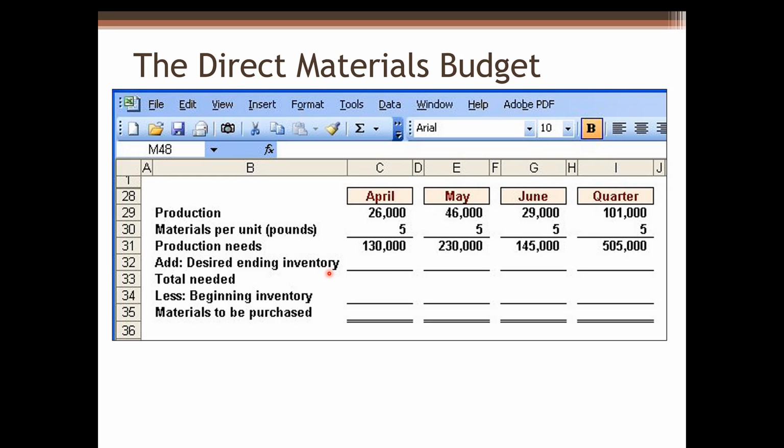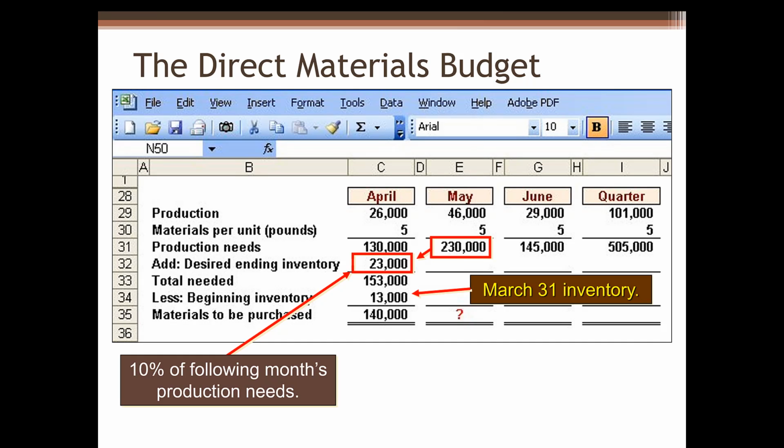Then we can calculate the desired ending inventory. Desired ending inventory of material should be 10% of the following month's production. So for April, we calculate 10% of May's production needs.